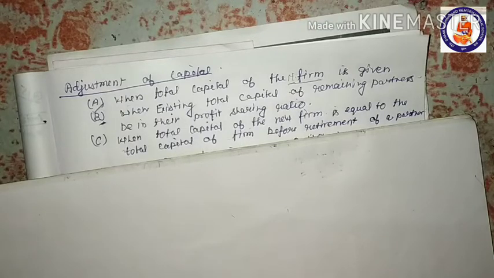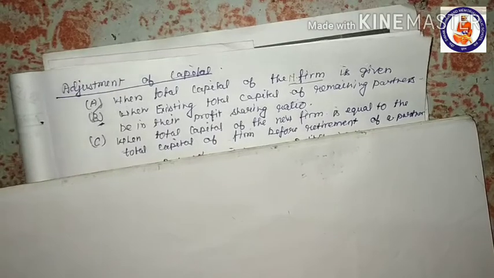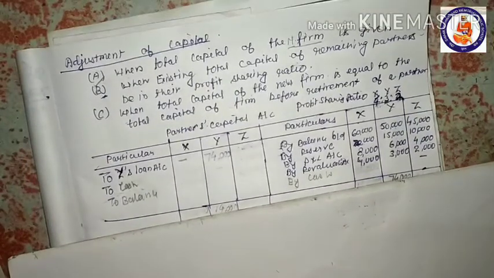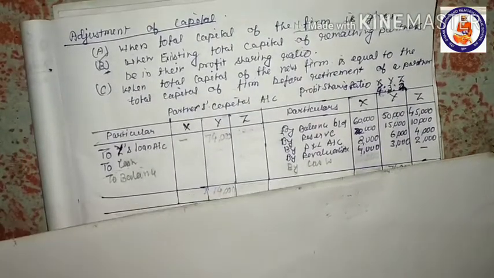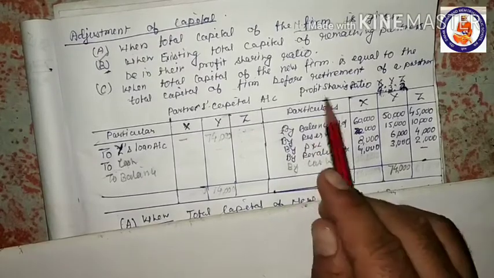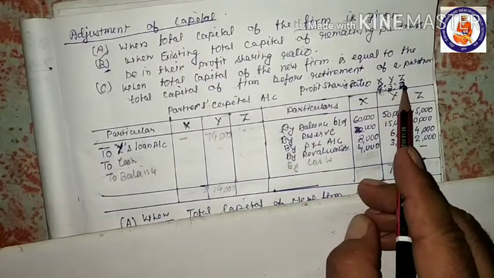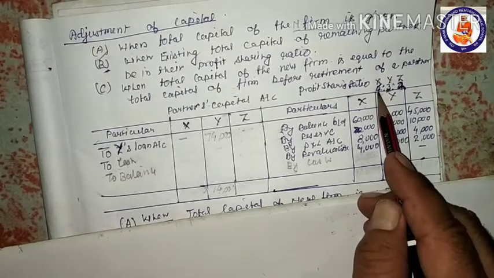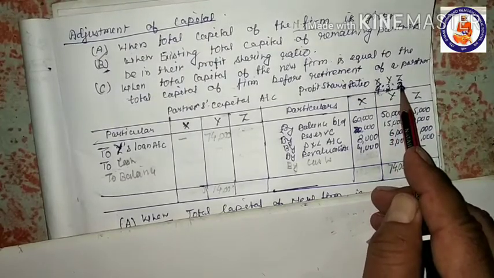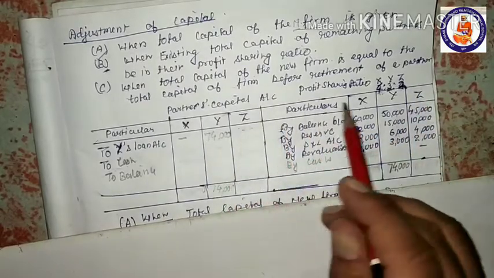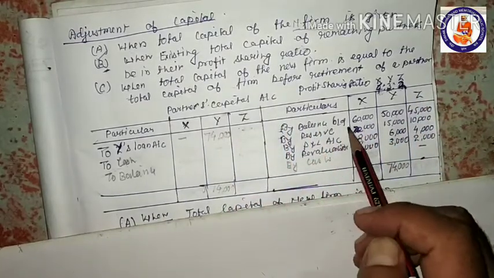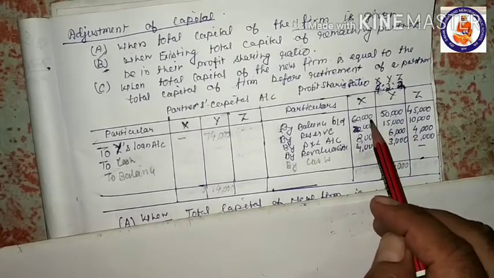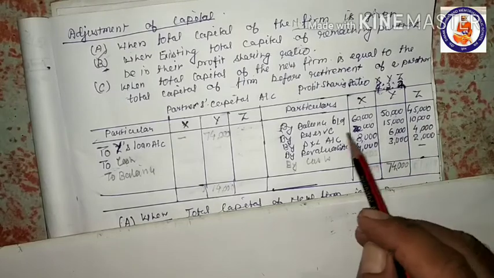Okay, so here we take the same question we had taken earlier, but with a little change. X, Y, Z are the partners. They are sharing profits in the ratio of 4:3:2, and their capital account shows their capital balances of 60, 50 and 45.